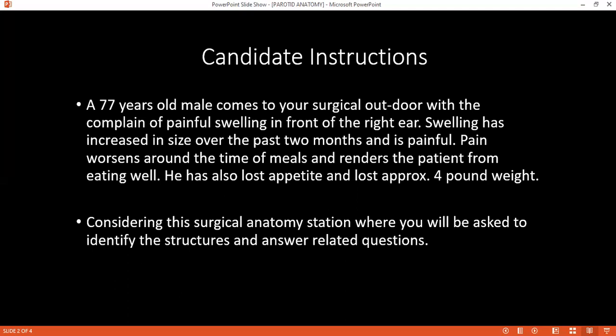One of the more common side effects of parotidectomy is Frey's syndrome. Can you tell me what that is, how it occurs and how it can be prevented? Usually it is because of injury to the auriculotemporal nerve, which supplies the parotid gland.